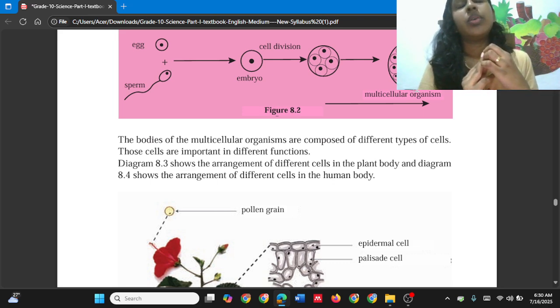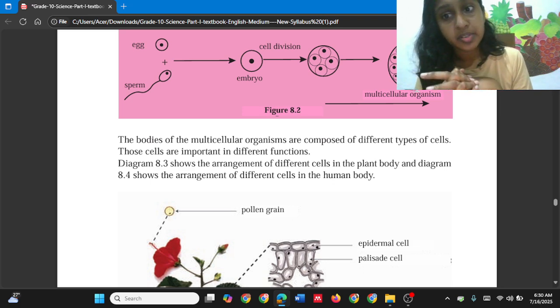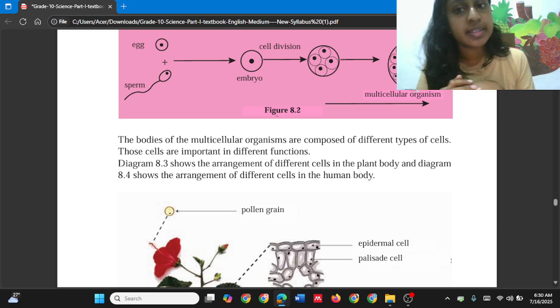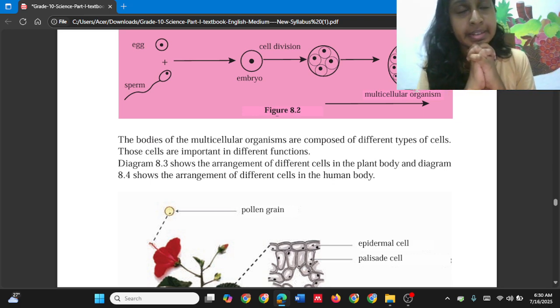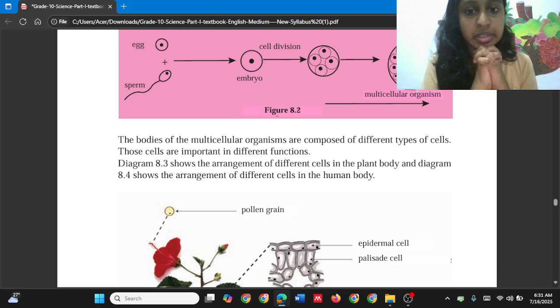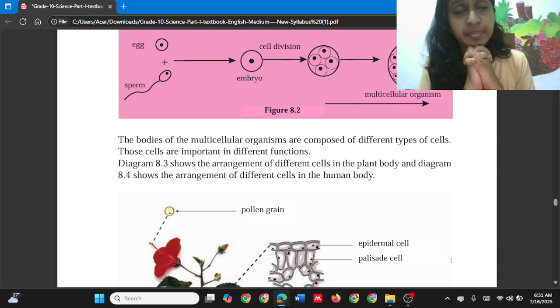So when we think of muscle cells, they specialize for producing energy, and heart cells, they do a separate thing. And cells in your liver, it has separate function. Cells in kidney, separate function. So the bodies of multicellular organisms are composed of different types of cells. Okay, those cells are important in different functions.